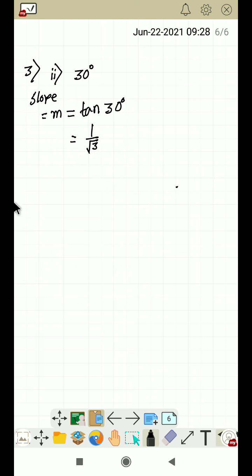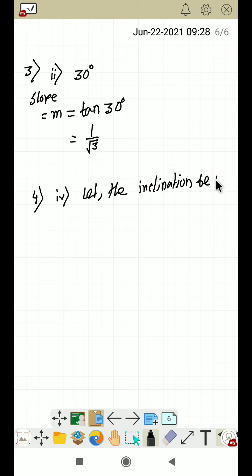Now go to the next one, question number 4. Here it asks, find the inclination of the line whose slope is given. So let the inclination be theta. According to the question, the slope is equal to 1 by root 3.